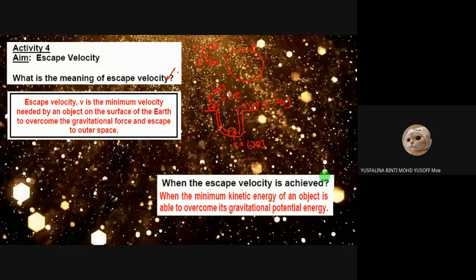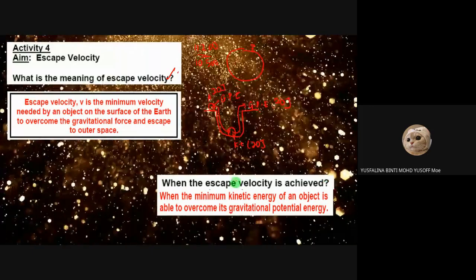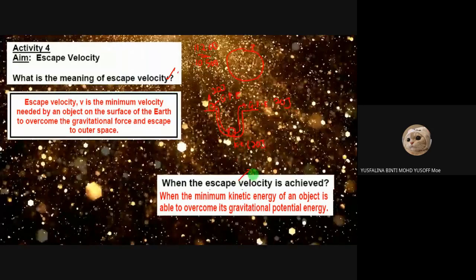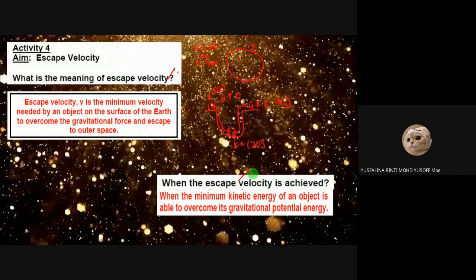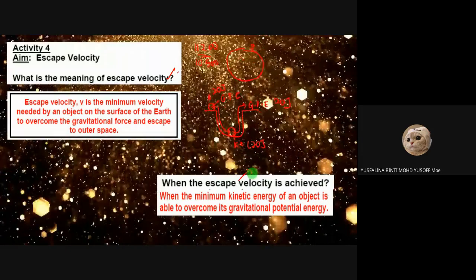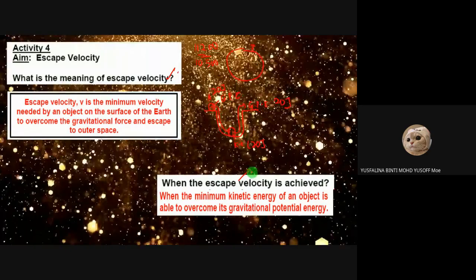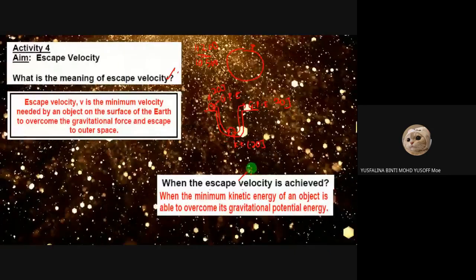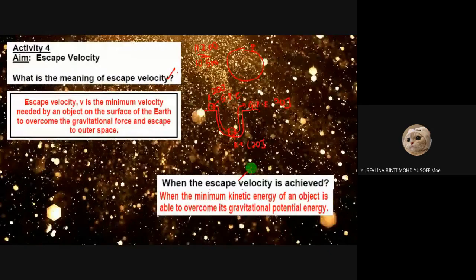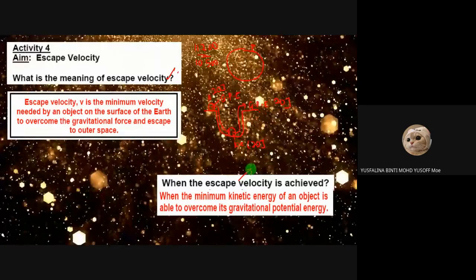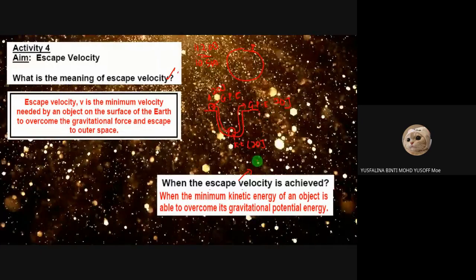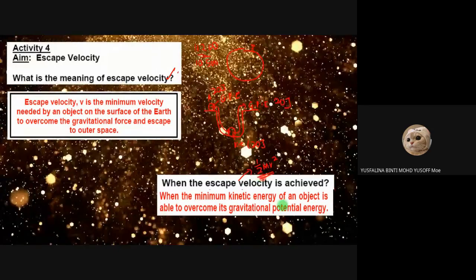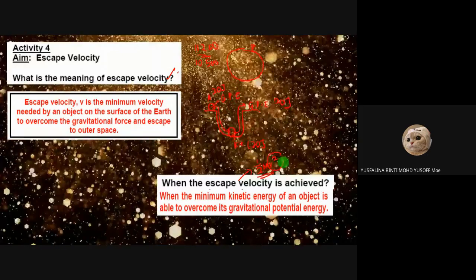So for the minimum kinetic energy, what is the formula for kinetic energy? Anyone still remember? You learned this in chapter 7, I think, Science Form 2. Half mv square. Yes, very good. So half mv square is the kinetic energy. You can see there is a velocity here.